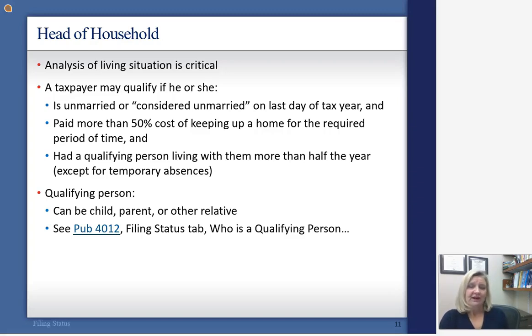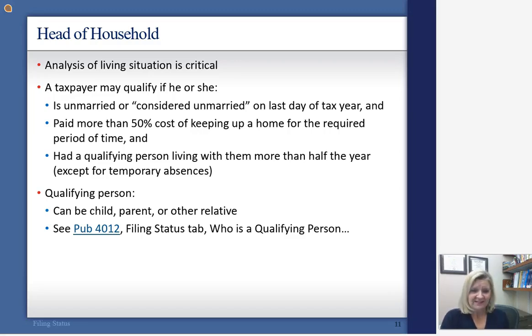If they paid more than 50% of the cost of keeping up their home for a required period of time and had a qualifying person living with them for more than half the year. The qualifying person can be a child, parent, or other relative.